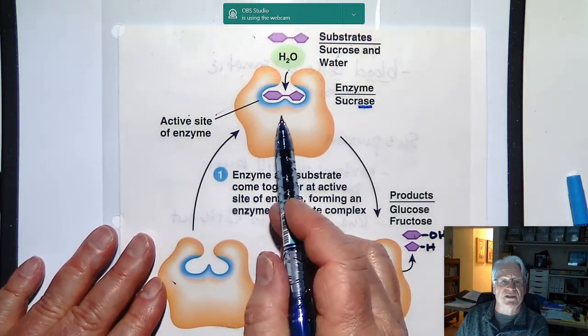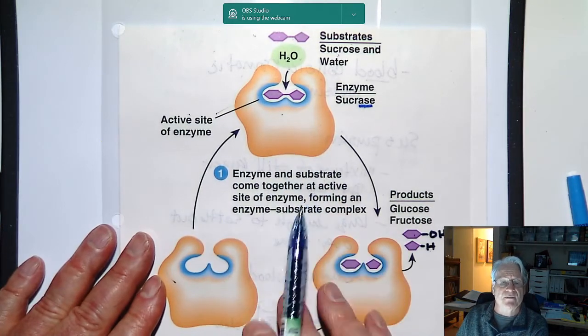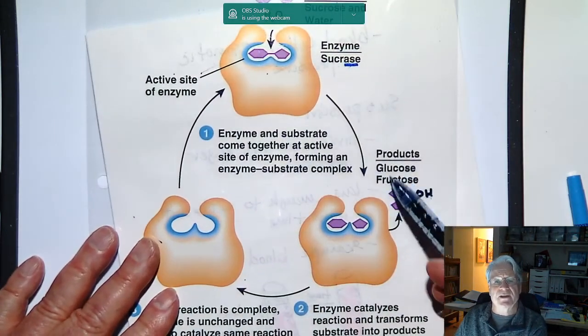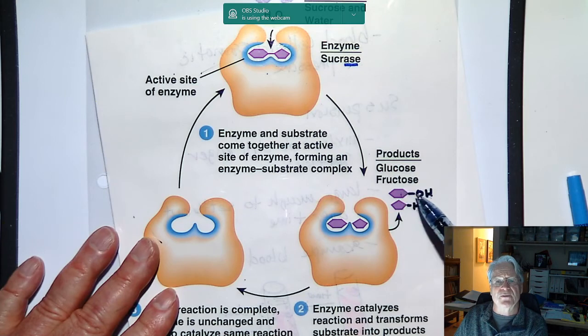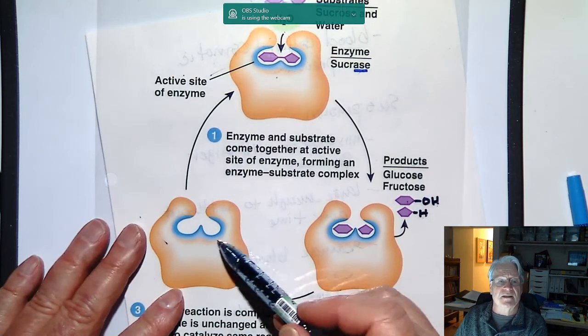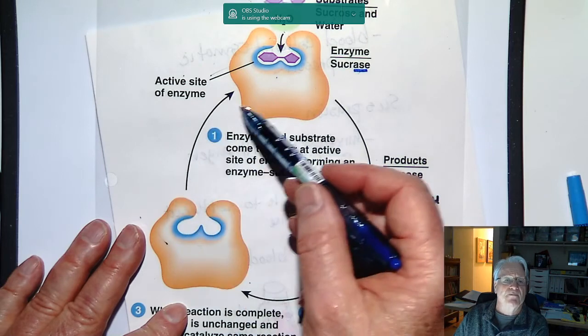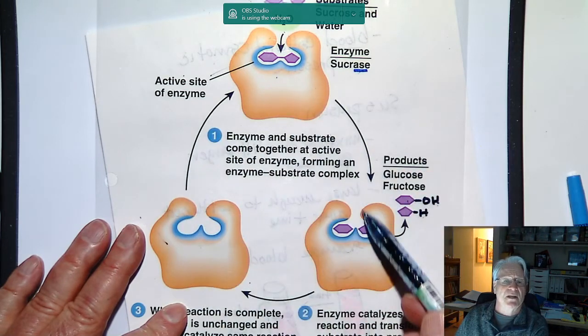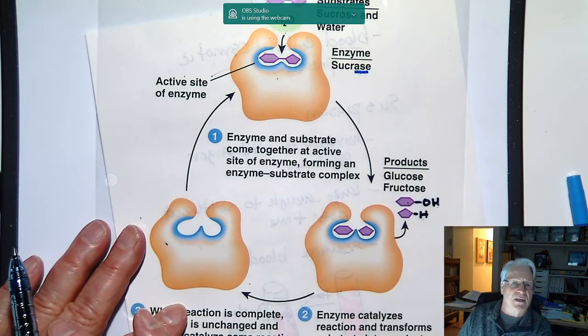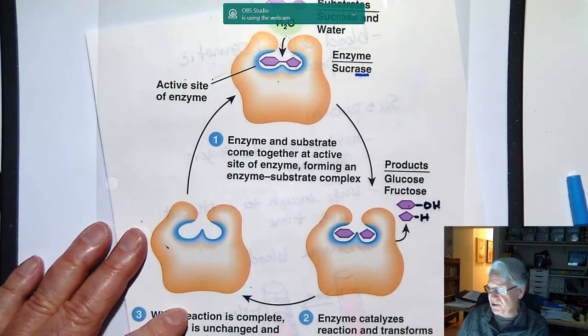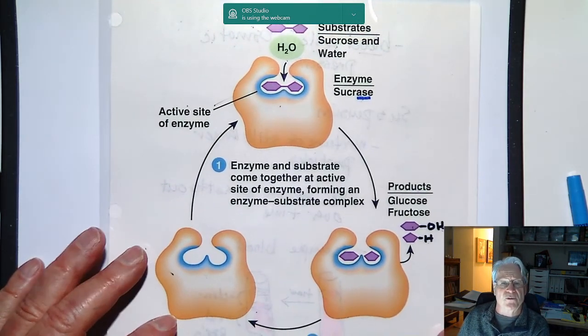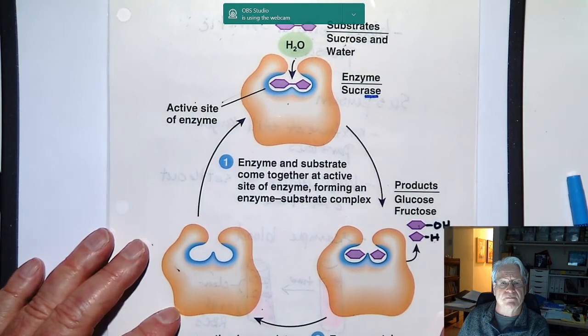So this thing is going to lower that activation energy, and here it is, the products, glucose and fructose, and here's my water connected there. That's what we split out. And then the enzyme, you notice, has not been changed. So the enzyme is doing this millions and billions of times in a second. As long as there's substrate present, the reaction will go forward using that enzyme.